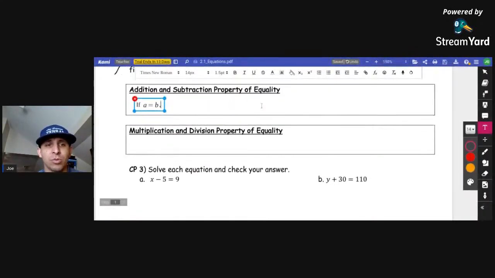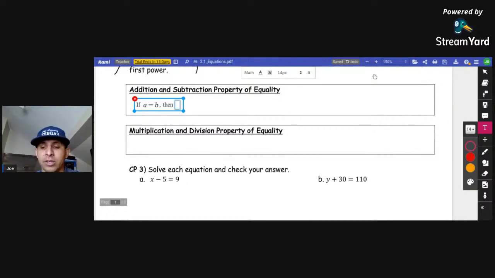Okay. Notice we're talking about the addition and subtraction property of equality. Then, okay, I can do addition to both sides of my equation so long as it's the same value, right?